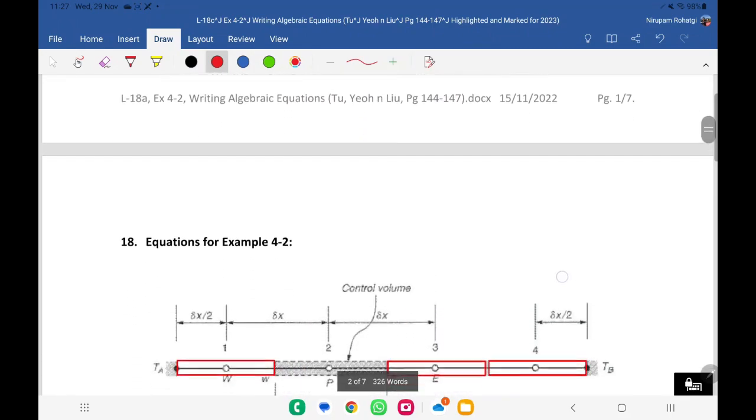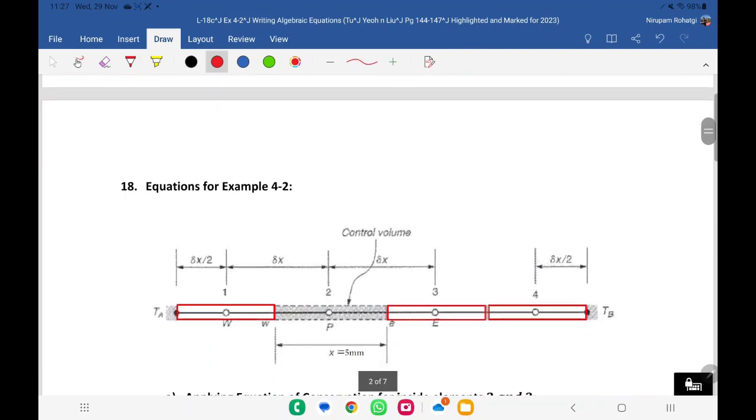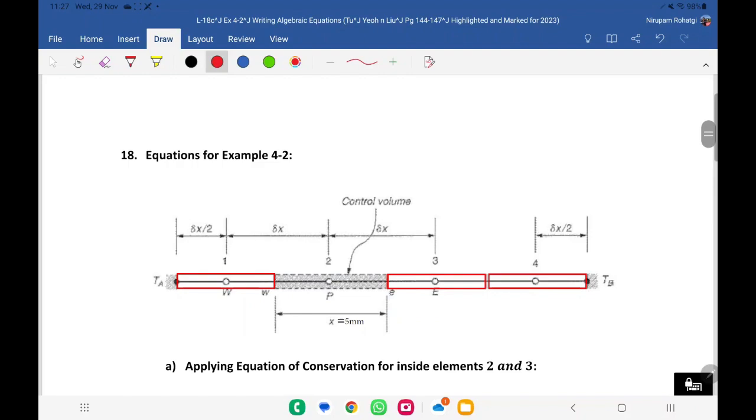Now we are blowing up this problem. It's like this. This is our left edge TA, this is our right, equal to 400 degree C. We are using a constant so that we can change it later on instead of putting the value, and here it is 100 degree C. Now the division is made such that you have these 4 elements of the same thickness.